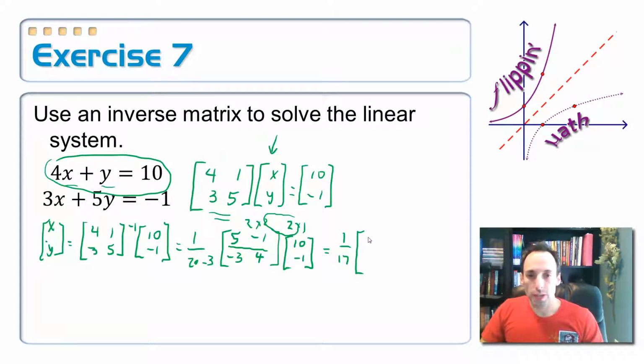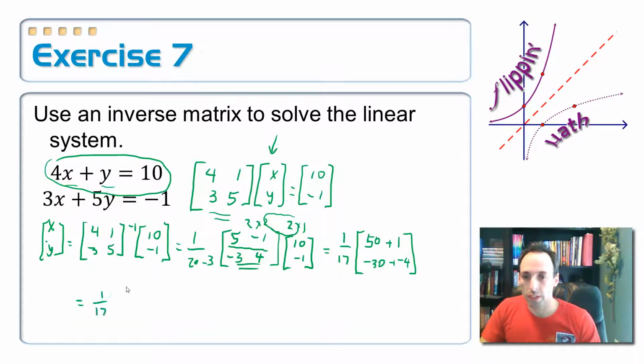So 5 times 10 is 50, plus 1, negative 1 times negative 1, positive 1. Okay, there is the first row whenever I simplify that. And now let's move on to the second row times that column. I'd have negative 3 times 10, so negative 30. Plus 4 times negative 1, negative 4. Okay, let's keep simplifying here.